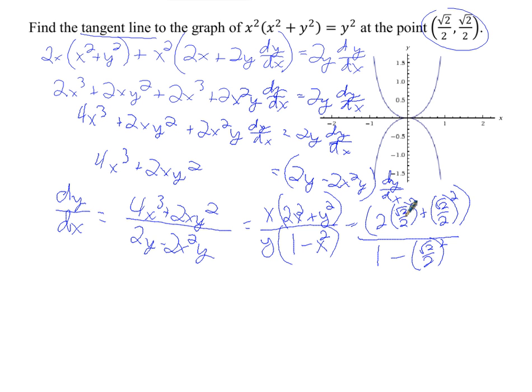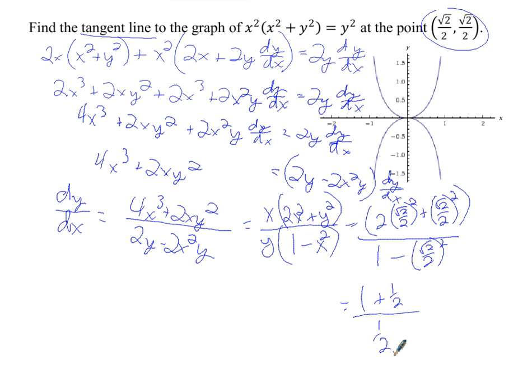Yeah, so root 2 squared is 2, 2 squared is 4, so that becomes 1/2. I have 2 times 1/2, so I get 1. Here I get 1/2, so 1 plus 1/2 over 1 minus 1/2.